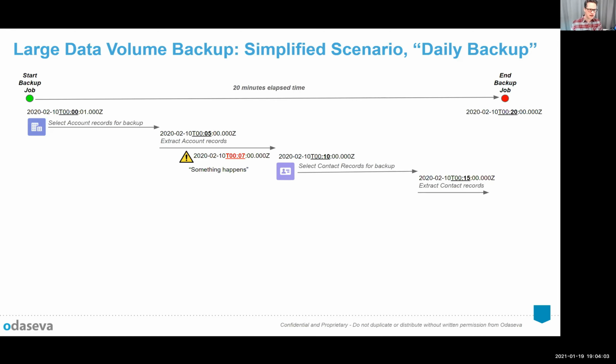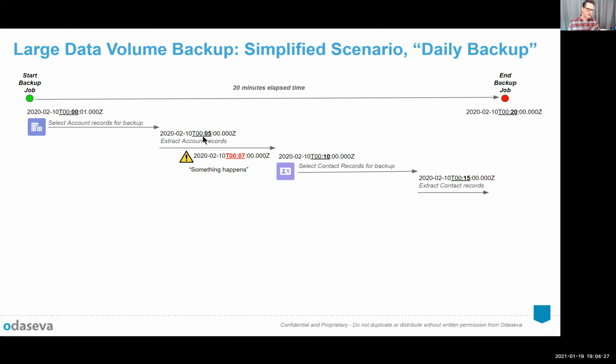When you run a backup, it's exactly the same. The first thing that needs to happen is you need to select the records for backup. This is all done through standard Salesforce APIs. So we're going to need to say in a SOQL query, select the fields that I'm interested in from the object that I'm interested in, with whatever conditions I might want to add optionally.